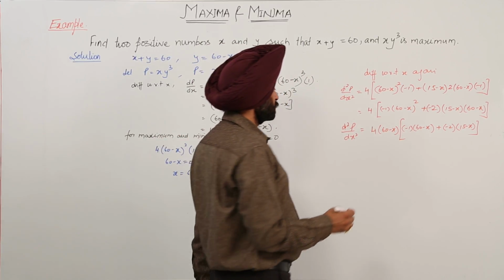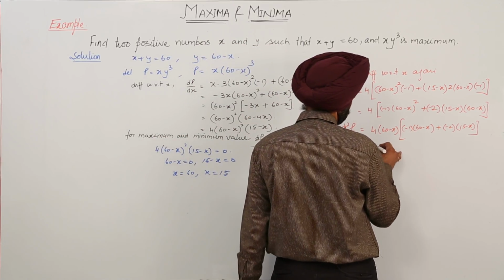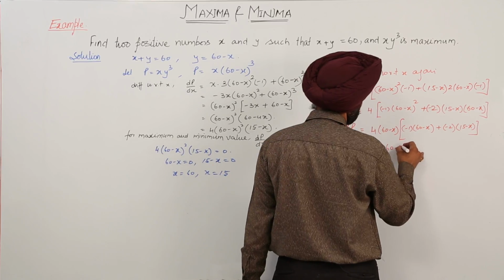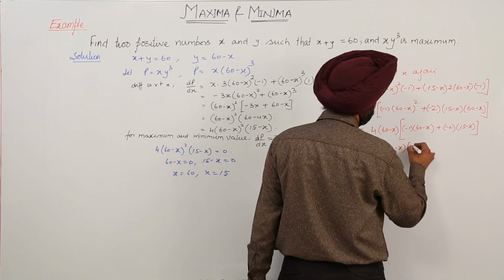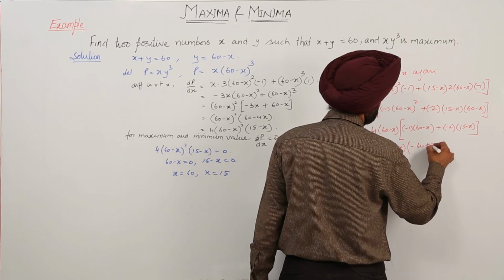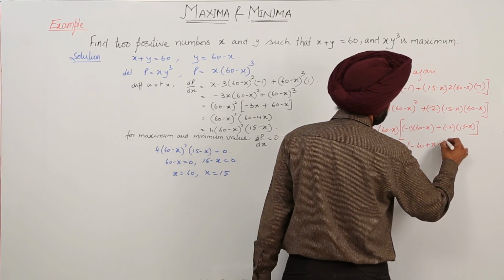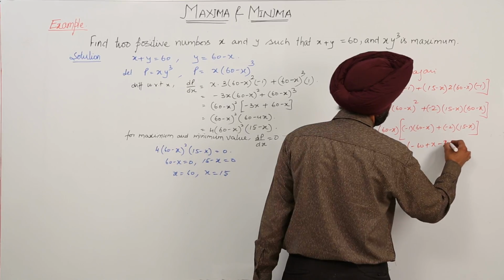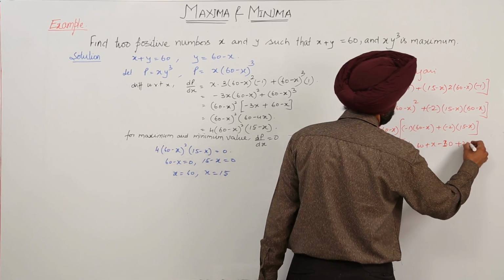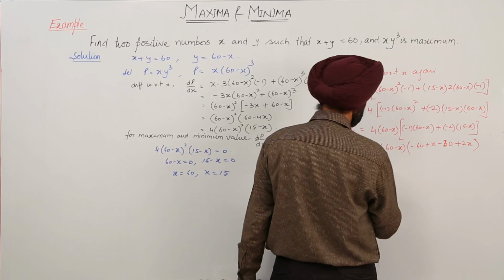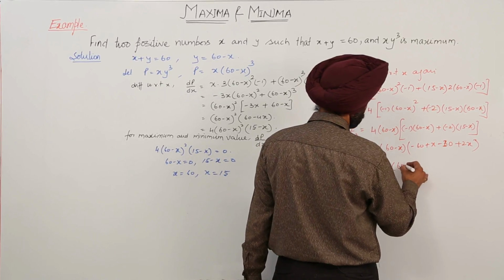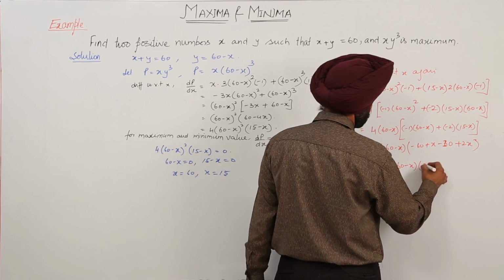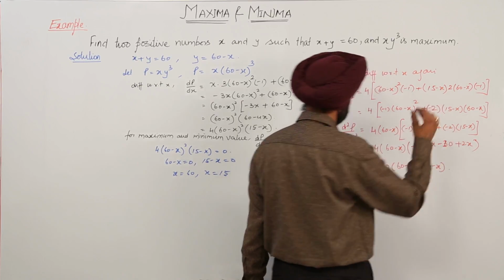Is it clear? So now we are having 4 with (60 minus x), and now this becomes minus 60 plus x minus 30 plus 2x. So finally we are having now minus 12 with (60 minus x) and (30 minus x).